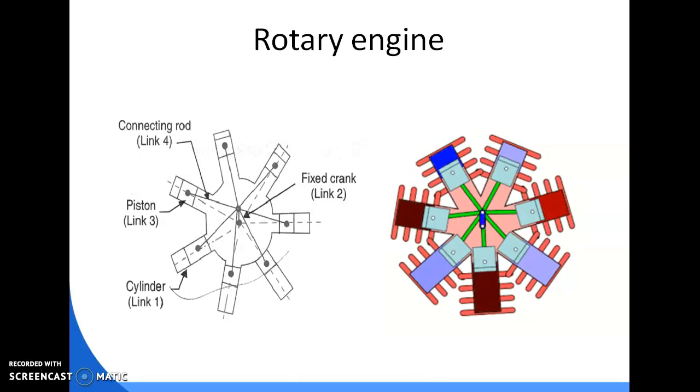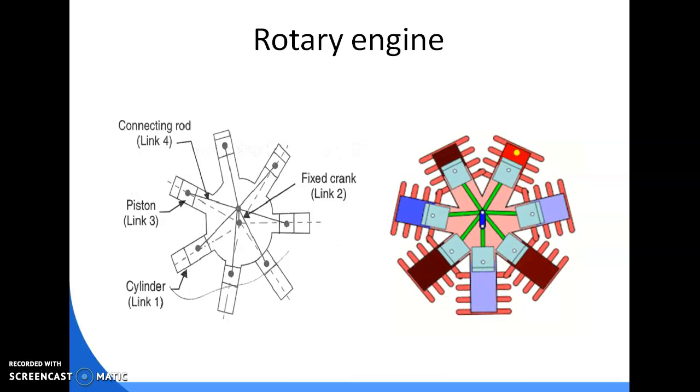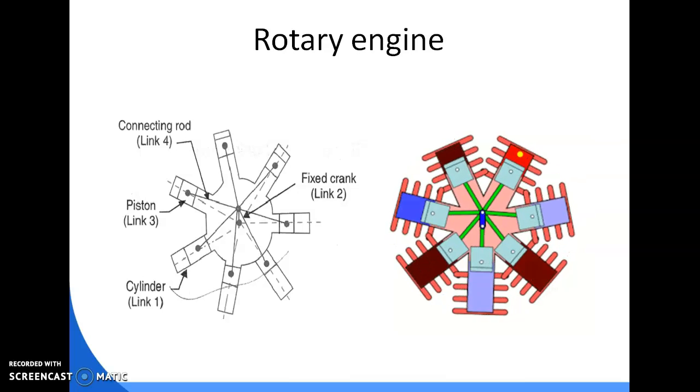The next inversion is the rotary engine. The rotary engine has 7 cylinders. It is also known as Gnome engine. Generally, it consists of 7 cylinders in one plane and all revolve about the fixed center, while the crank, that is link 2, is fixed.